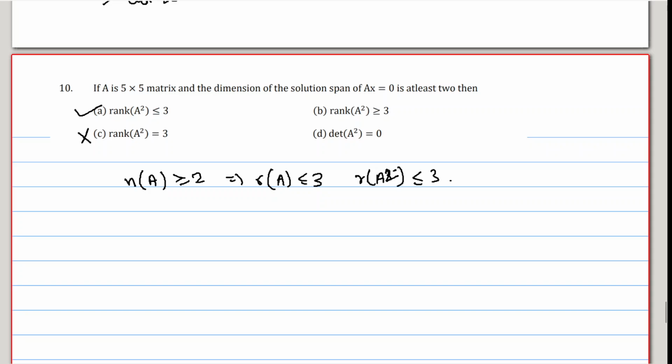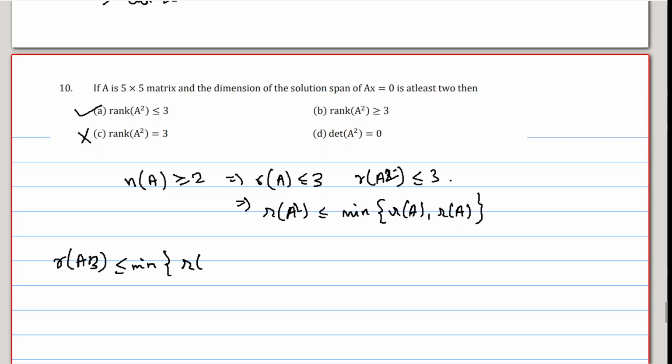Where are you getting rank of A square less than or equal to the rank of A? Rank of AB is less than or equal to the minimum of rank of A and rank of B. This we know.